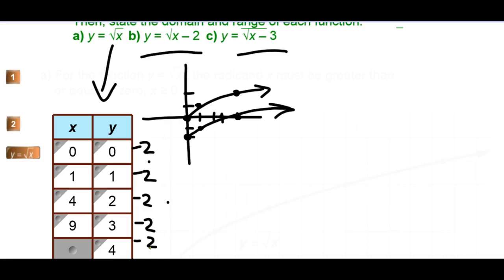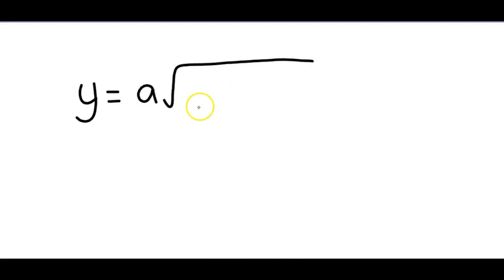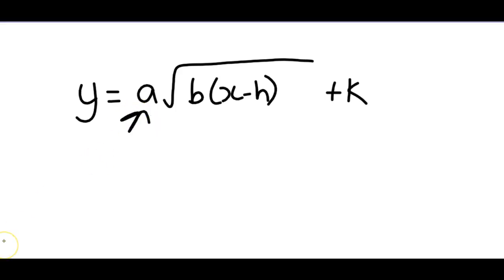Okay, on the second page of your notes, I'm just going to add a page here. You guys have a standard root equation, and it has all the possible pieces with it. Okay, so this works the same as it did in the last. So if we have an a out front, that is a vertical stretch.